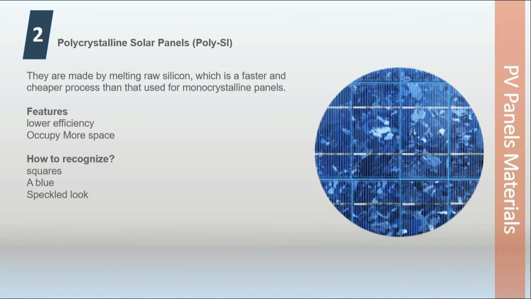We can recognize them by their square shape, which has a blue color and is speckled. It's an expensive option, but as we said, it is less than monocrystalline solar panels.